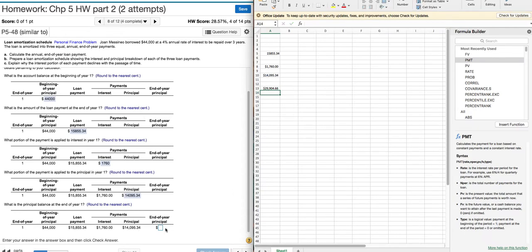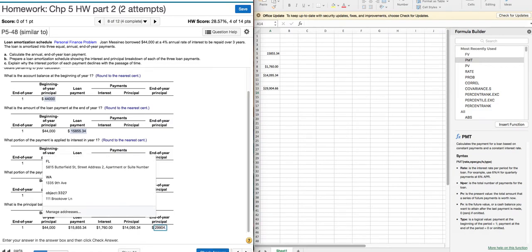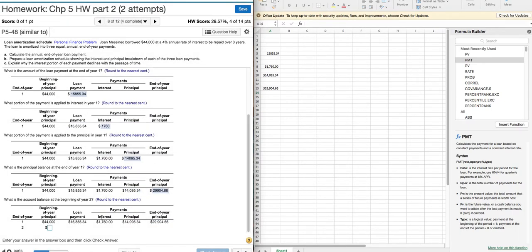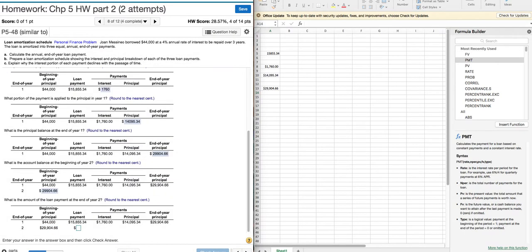That's the principal that remains after year one. Now going into year two, what's the beginning of the year principal? It's the same as the end of year principal for year one, so it's $29,904.66. And the loan payment is the same, $15,855.34.